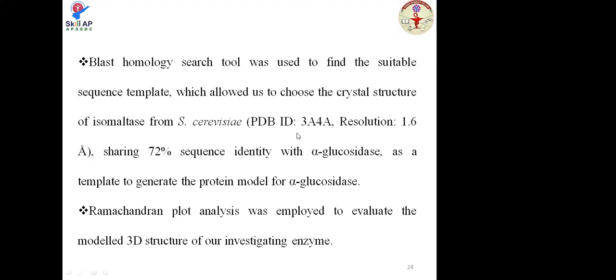We utilized this 3A4A PDB ID for the development of the homology model. 3A4A has a resolution of 1.6 angstrom, and it shares 72% sequence identity with the alpha glucosidase enzyme, the query sequence.